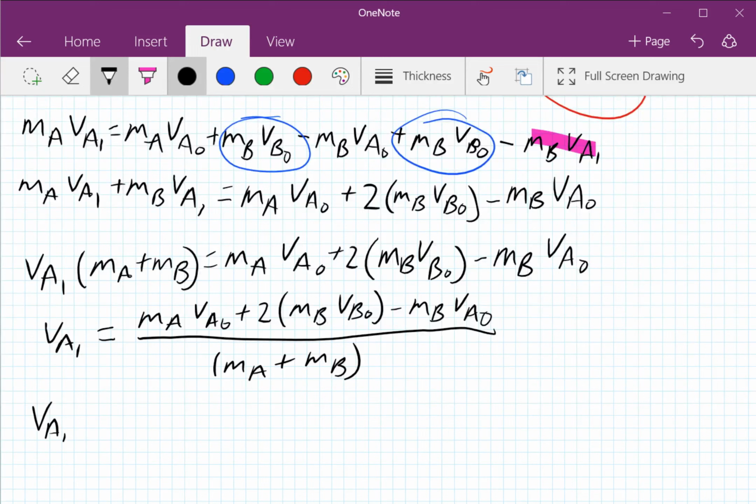We get MA's 450 kilograms. VA initial was a positive 4.50 meters per second.